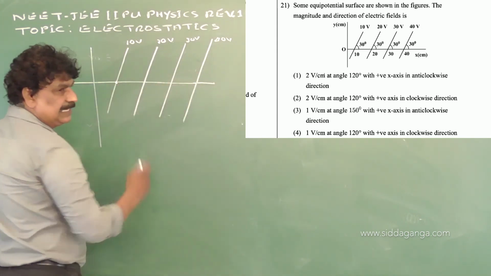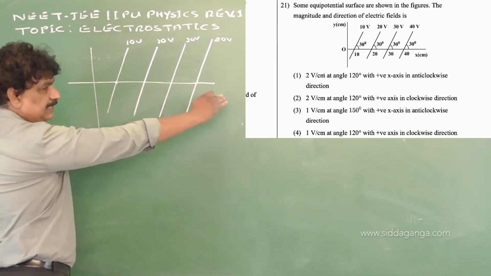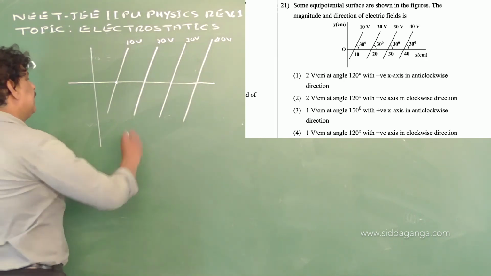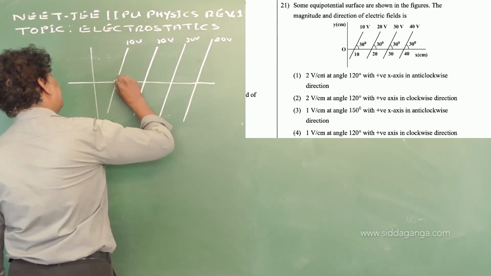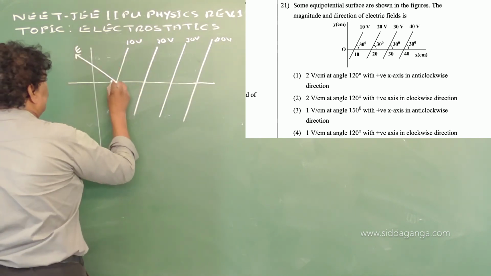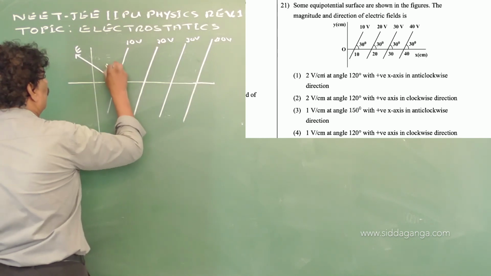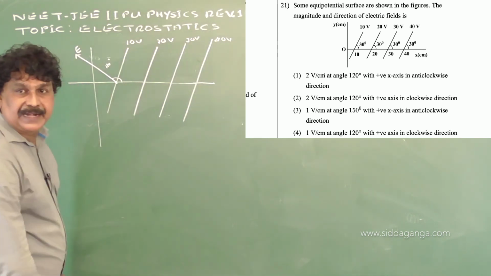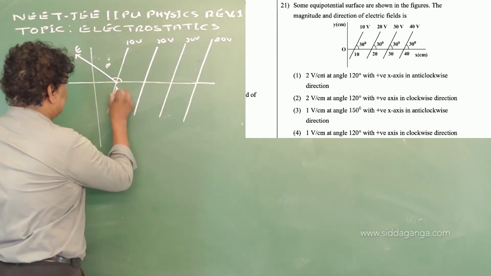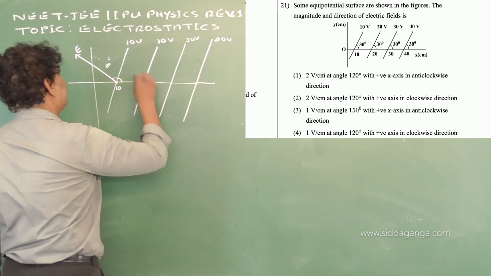So along positive x direction, the potential is increasing, but in the direction of field, potential decreases. Therefore, the resultant field will be along this direction, making an angle theta equal to 120 degree. Here this point is at 10 centimeter, this is at 20 centimeter.